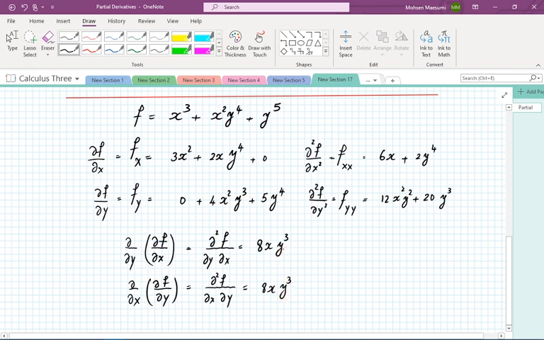This is not a coincidence. In fact, for the category of smooth functions, the functions where these second partials are continuous in a disk, they turn out to be the same thing. That is Clairaut's theorem.